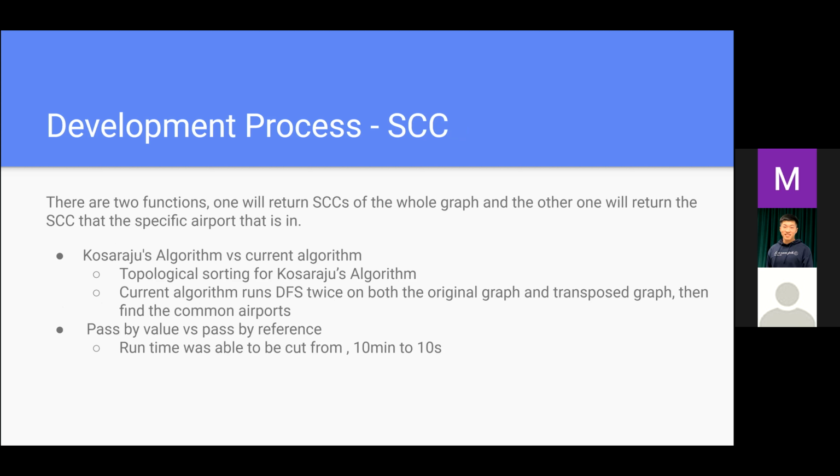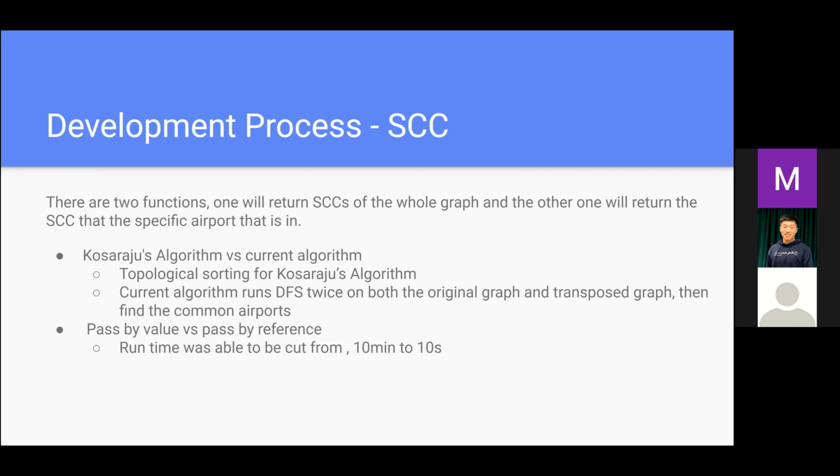For the strongly connected components algorithm, we originally intended to adopt Kosaraju's algorithm, which is really efficient. However, due to a lack of knowledge of the topological sorting algorithm, we decided to alter to our current algorithm. Our current algorithm basically contains two steps. Firstly, run DFS twice on both the original graph and the transposed graph.